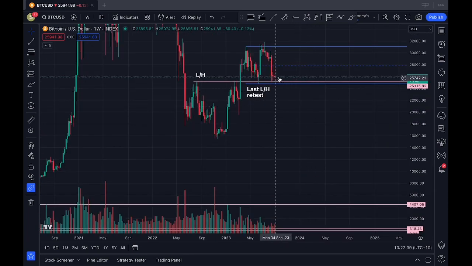I really think until this kind of setup is broken and we see the last lower high completely lost, where price comes down here and goes much lower and closes down here at around 19K, or even continues to go further, until we see something like that happen at this stage of the cycle, we shouldn't just expect it to happen because it hasn't happened before. So I think it's much wiser to position ourselves with the forethought that things are likely to happen the way they have happened in the past, especially as we see things lining up right now.